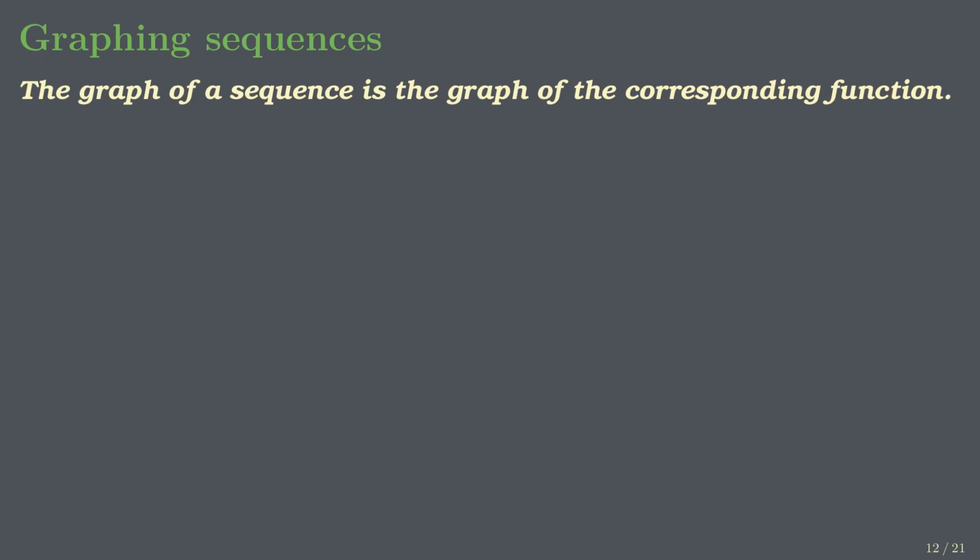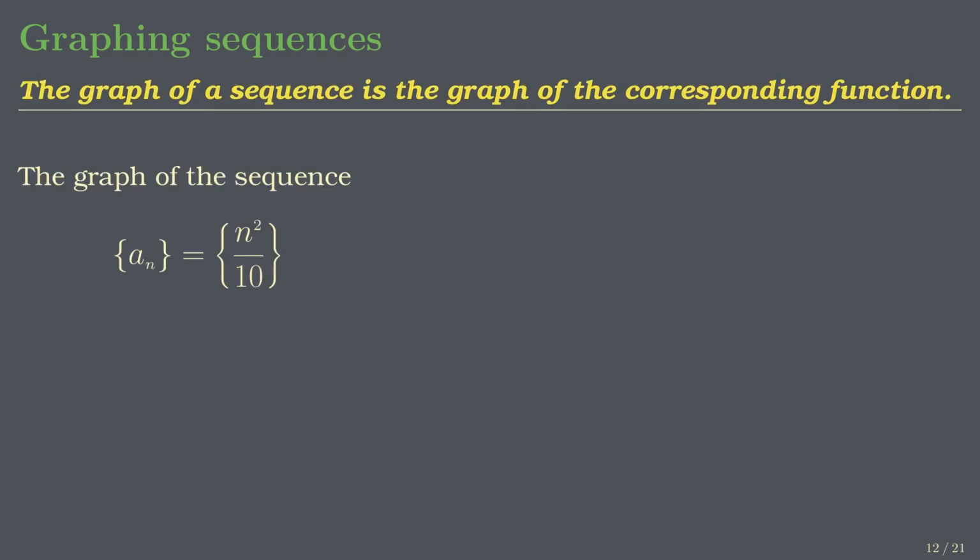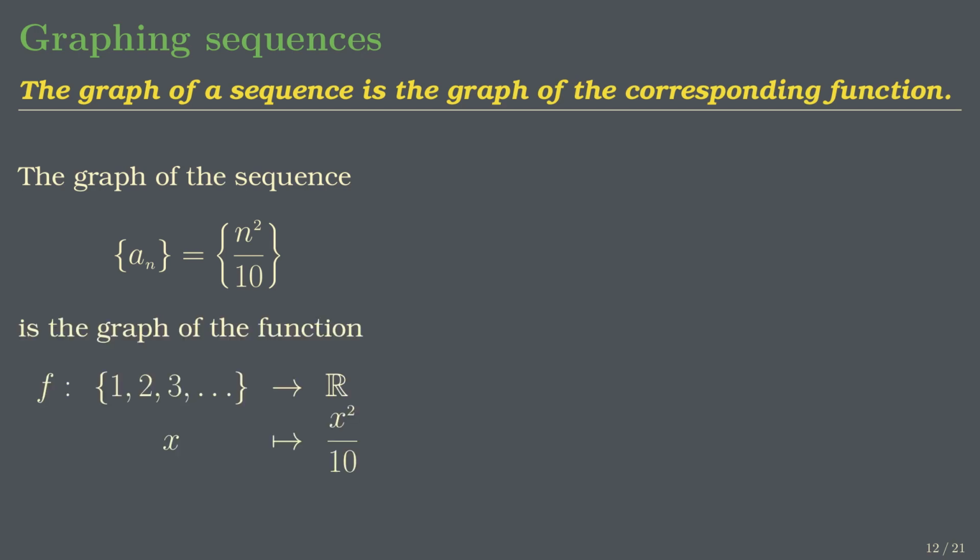Now, because a sequence is actually a function, then you can talk about the graph of a sequence. It is actually the graph of the corresponding function. So for example, now if you have a sequence given by the formula an is equal to n squared over 10, then this is actually the function f that sends positive integer x to x squared over 10.